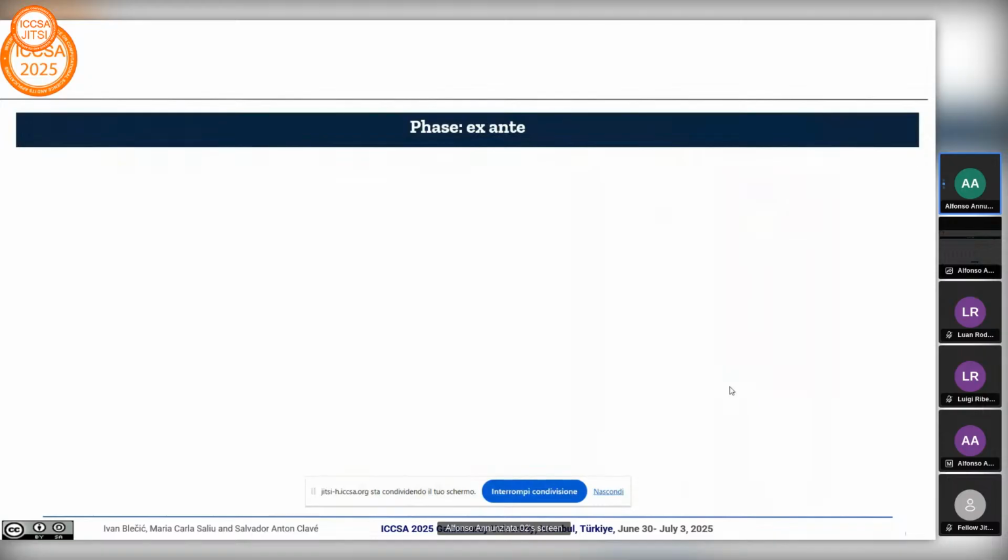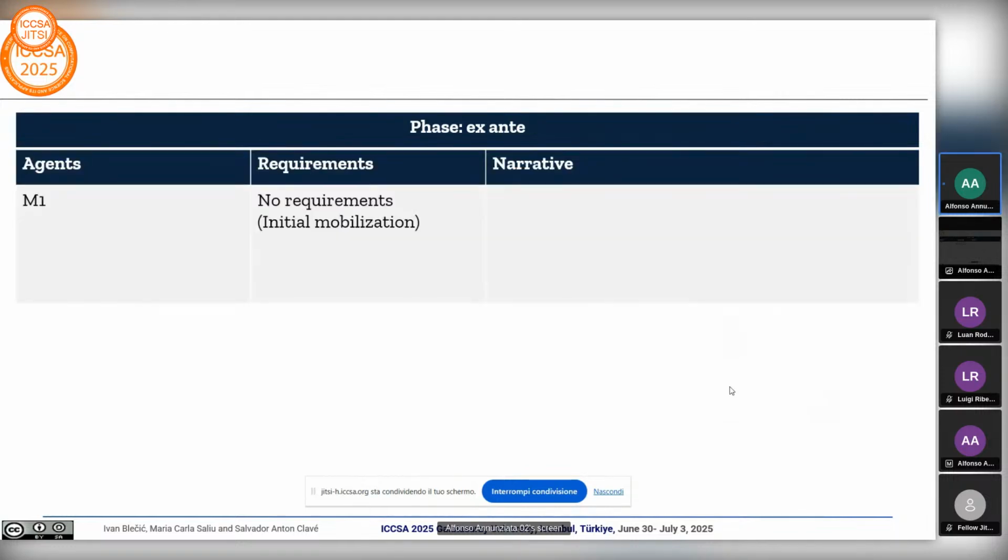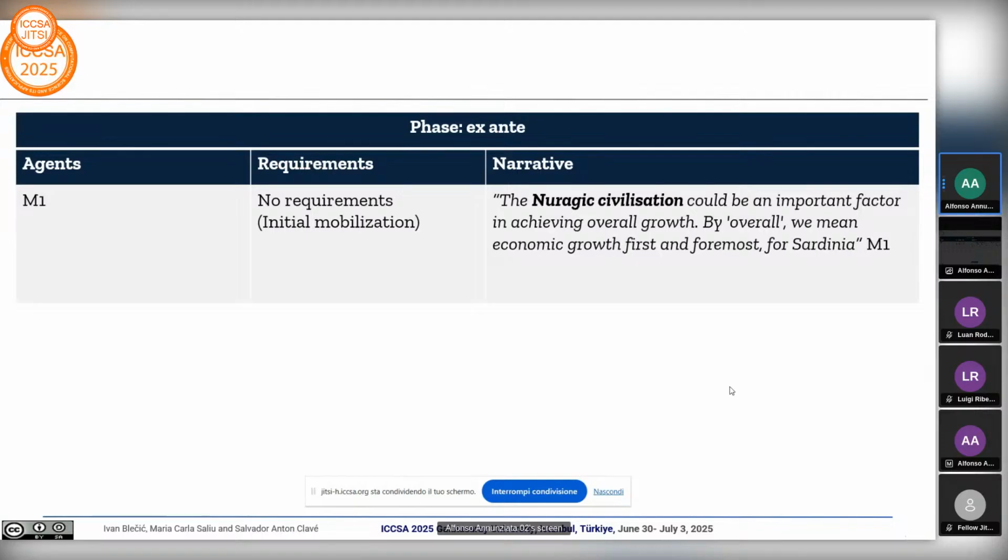So trying to explain how this process started, I'm now going to tell you how the first phase, the ex ante phase, of this process started. This agent, the first one present at the very beginning of the process, this M1, was the father, let's say, of this idea.